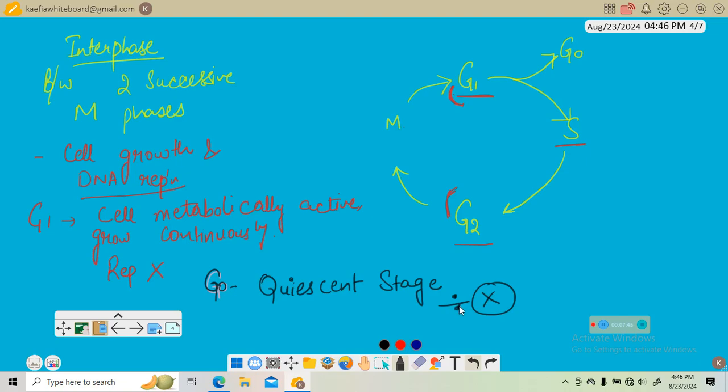It's not necessary that the cell will keep dividing every time. Sometimes cells do not divide, and that comes under the G0 stage. These cells exit the G1 phase and enter an inactive stage, the G0 quiescent stage. Here the cells remain metabolically active, but they no longer proliferate. Proliferate means they no longer divide.